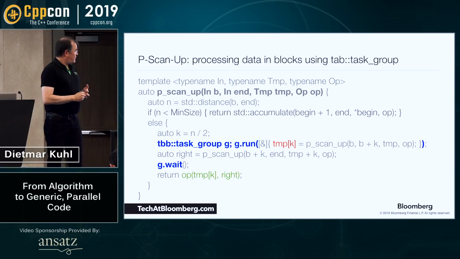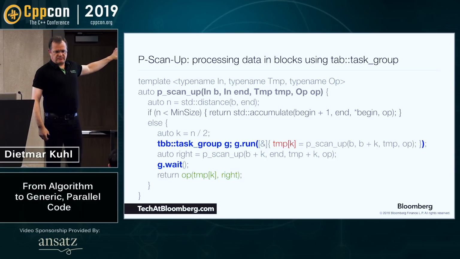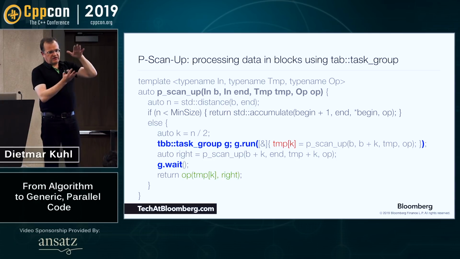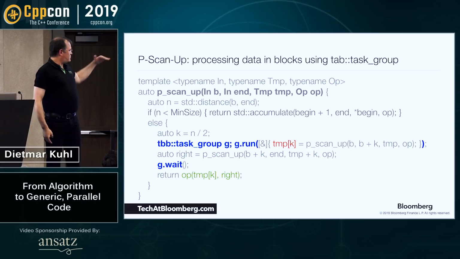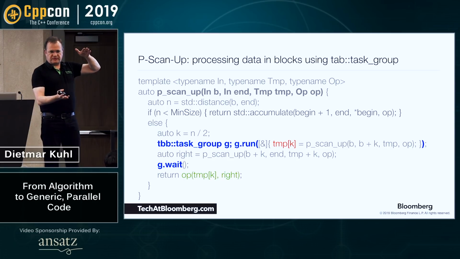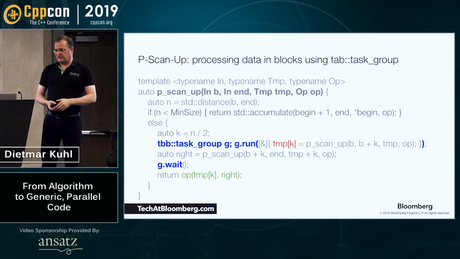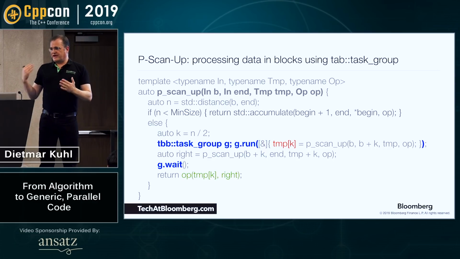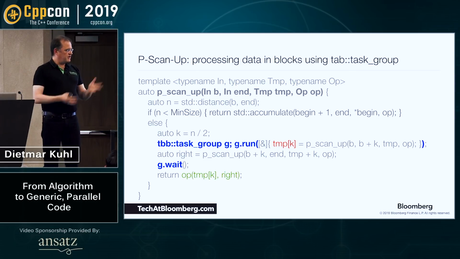So in Thread Building Blocks, there's something like a task group. A task group basically aggregates jobs. You stick jobs in, and eventually just wait for all the jobs to finish. And this is basically the equivalent of the synchronization. Task group run is the same thing as scheduling that job and running it elsewhere.